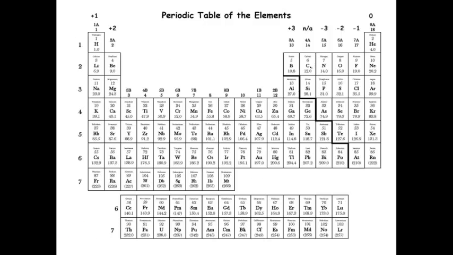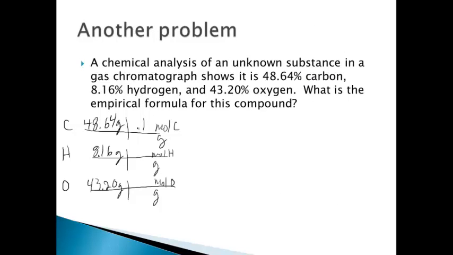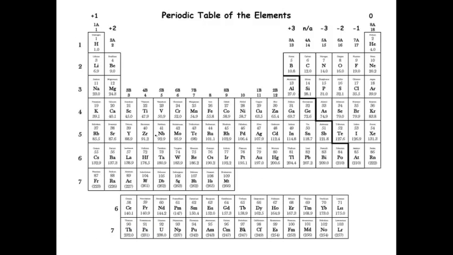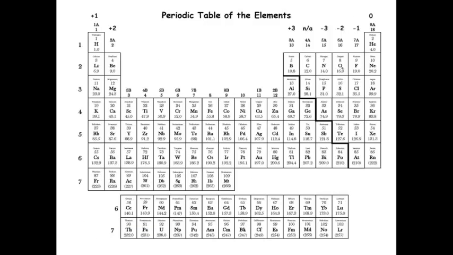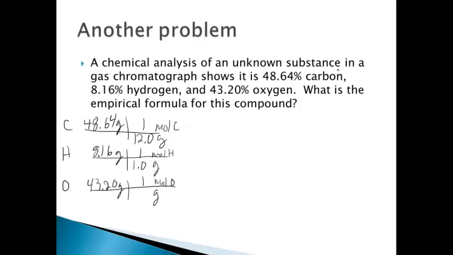Mass we found from the periodic table for carbon is 12. For hydrogen, it's 1.0. So 1 here, 1.0 down here. And for oxygen, we have 1 mole. And we have 16.0 grams for its molar mass.